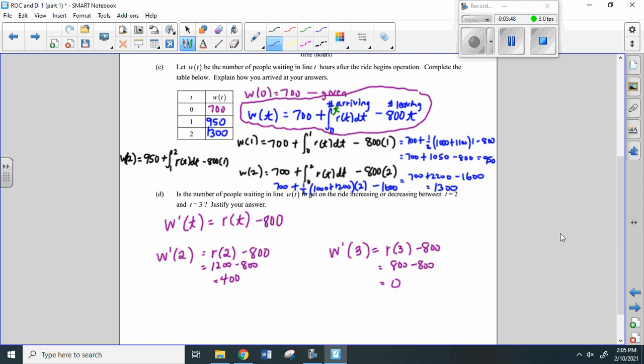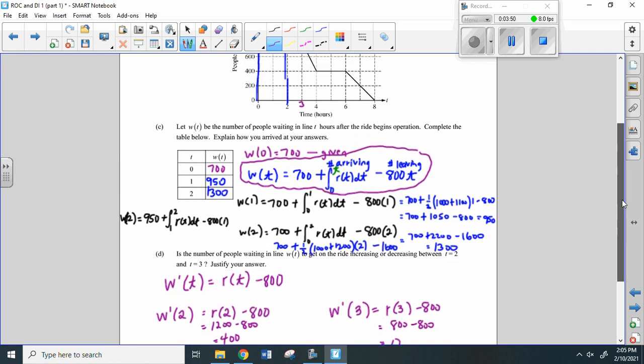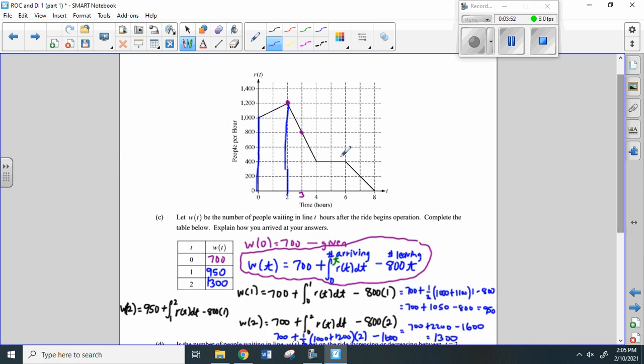if I go up and I look at the graph of R between time 2 and time 3, we can see that all of those values are always going to be greater than or equal to 800, right? All of those Y values are greater than or equal to 800.